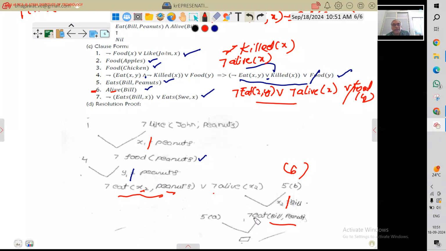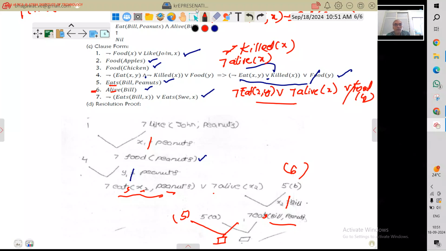And finally, we have eats here, so we make this eats, and now we can cancel these two. Bill comma peanuts both are matching. So when you consider the fifth one and resolve it, both get cancelled and we get an empty set.